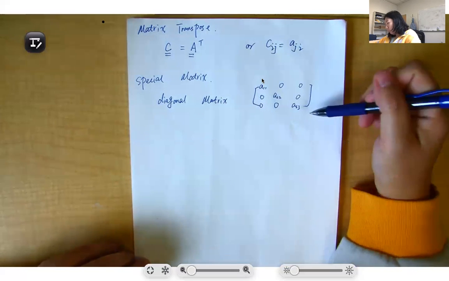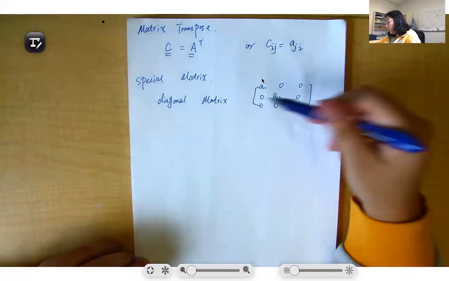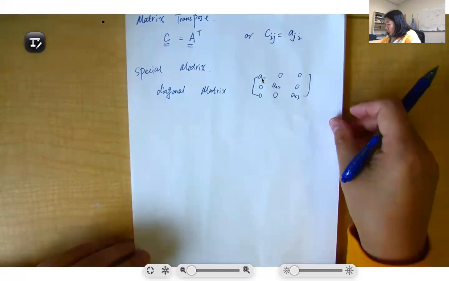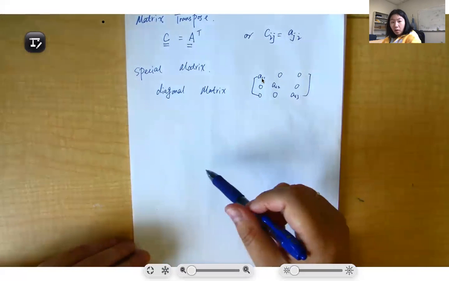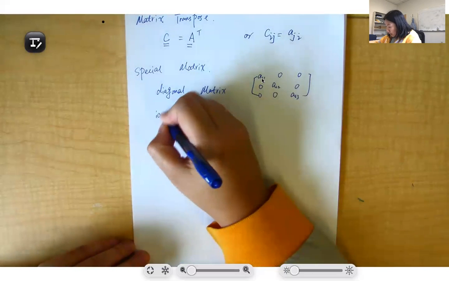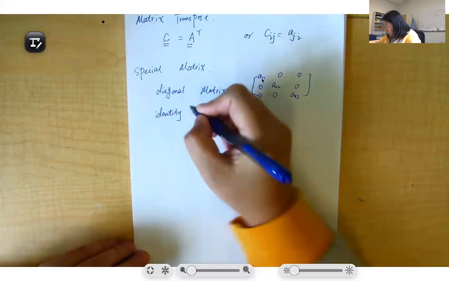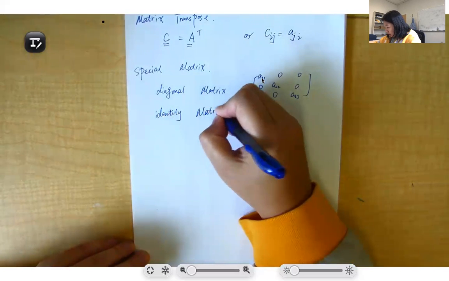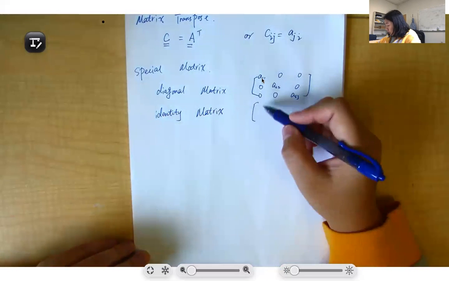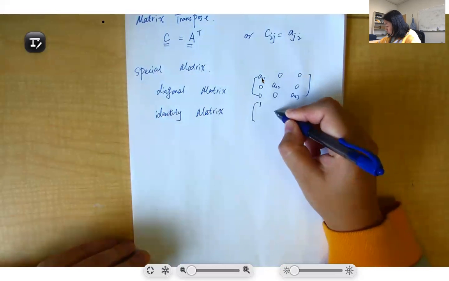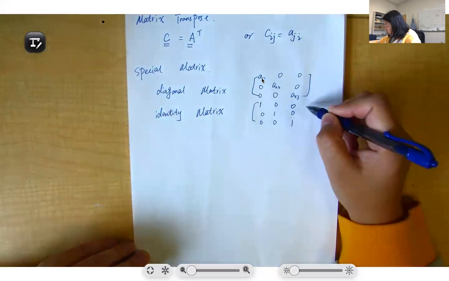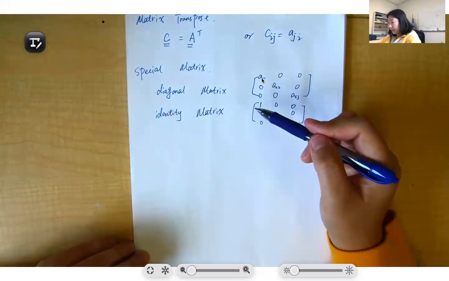Of course, you can keep writing to ANN, but all the other numbers will be 0. So this is a 3 by 3 diagonal matrix. There is a particular type of the diagonal matrices, very important, called identity matrices. How particular? So the identity matrix is just, for the A11, A22, A33, they are all equal to 1. That is called identity matrices. It's one type of the diagonal matrices.